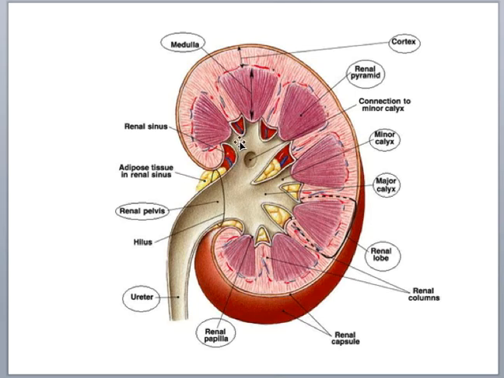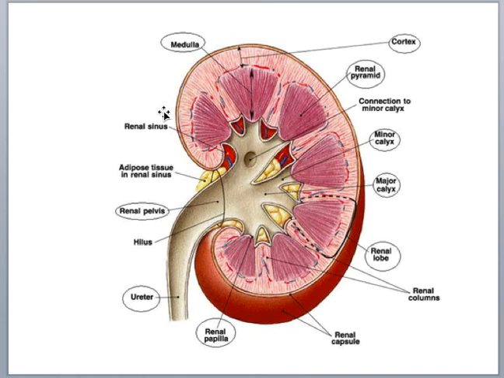Now, if you look at where the minor calyces and the major calyces are, there's this space, and that space is usually filled with adipose to help hold its structure and give cushion and protection. That space, where everything is going in or surrounding the minor calyces and the major calyces, is called the renal sinus.